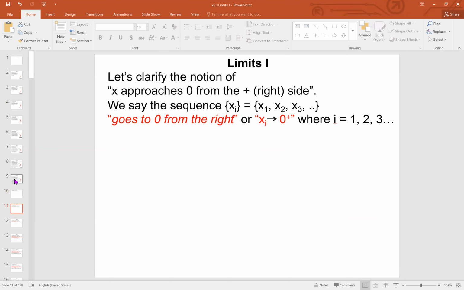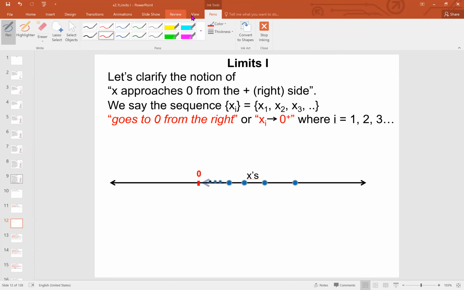To clarify that, first we say what we mean by a sequence approaching zero. A sequence is a list of numbers, and this list is getting closer and closer to zero, but they all stay on the right-hand side of zero. In pictures, it's a bunch of dots that become closer and closer to zero, but all stay on the right-hand side. That's what the plus sign is for: the positive side. The left-hand side is the negative side, and the right-hand side is the positive side.